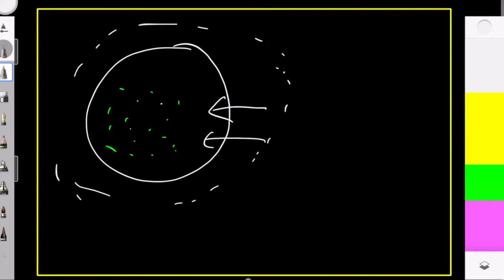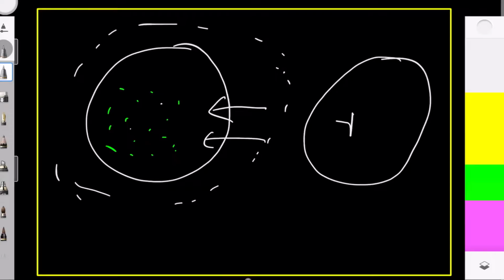Now let's suppose you have the same condition, and if all these molecules form one molecule, what will happen here? You are not going to see the same thing. All these molecules get converted into one molecule. And hopefully you know that this osmotic pressure depends on the number of molecules.